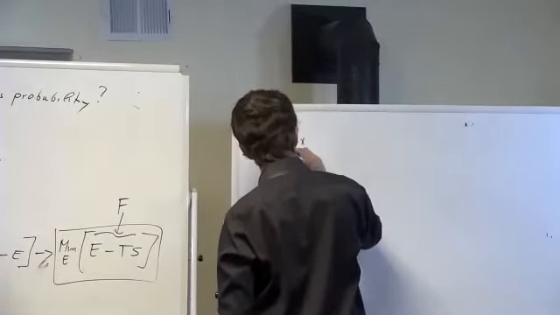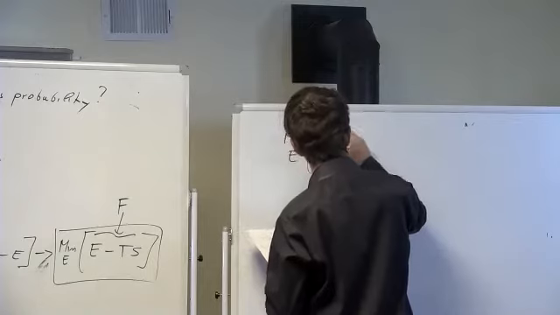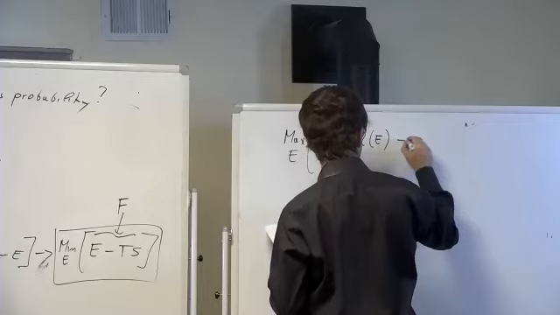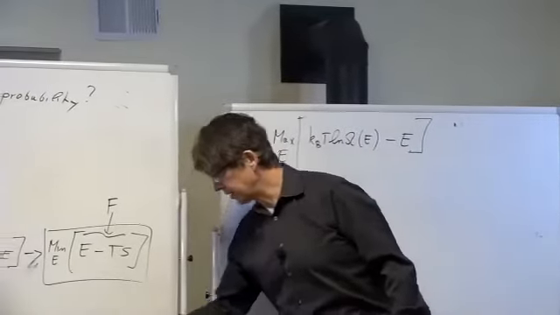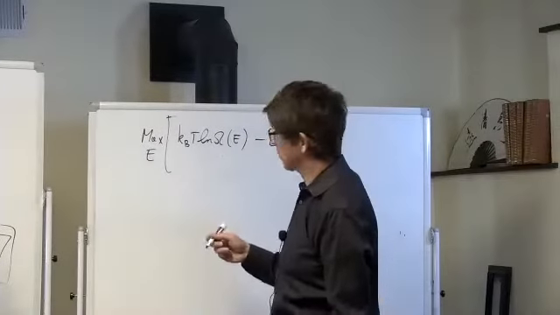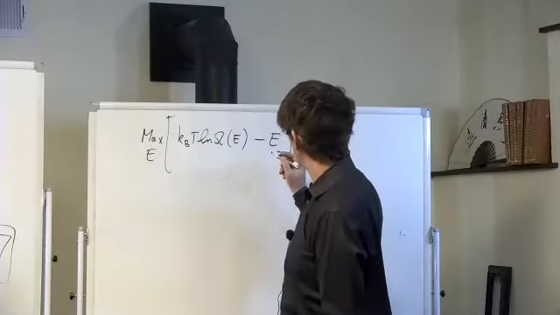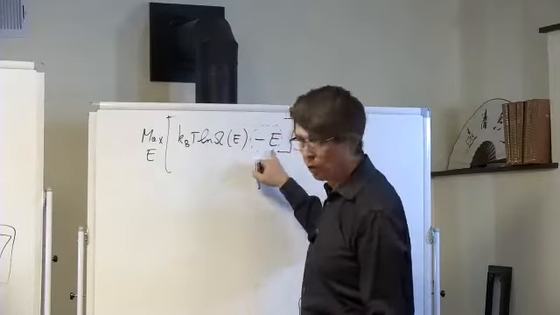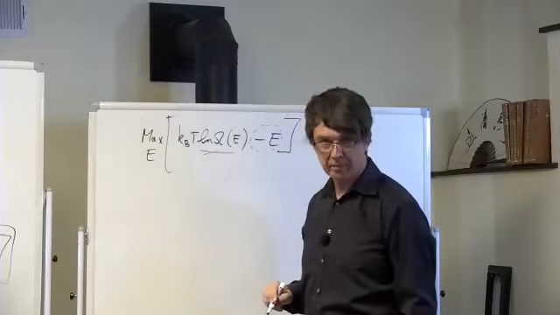Equilibrium is the maximization over E of kB T log omega of E minus E. This you should hang over your bed because, think about it, it's beautiful. It shows this tug of war between I want to have low energy, because if the energy is low, then minus E is large. But I also want to have high multiplicity. I want to have high omega.